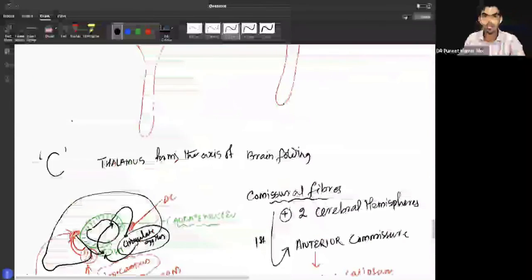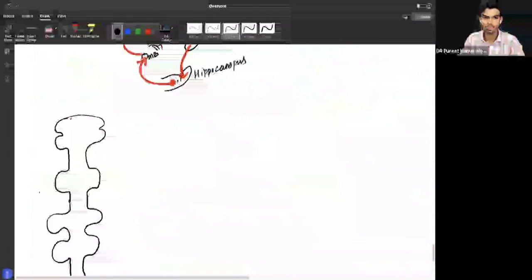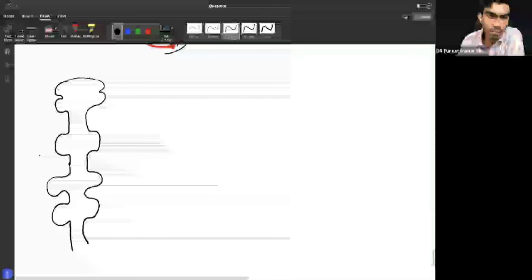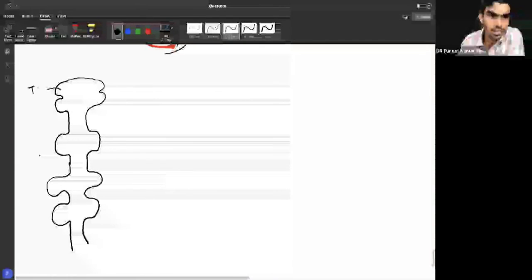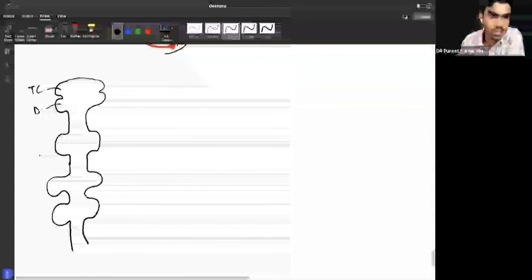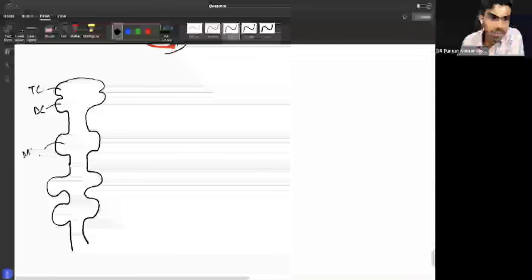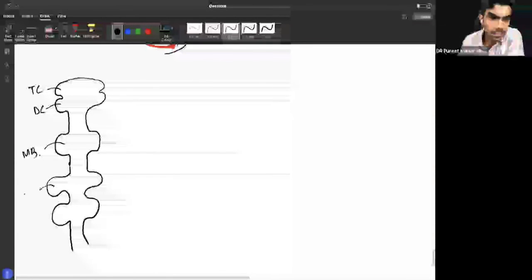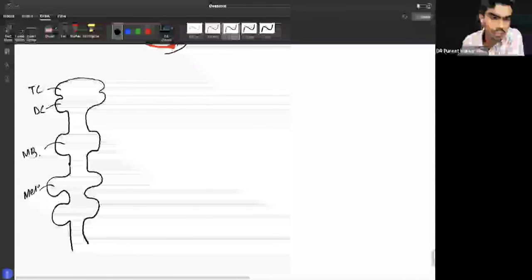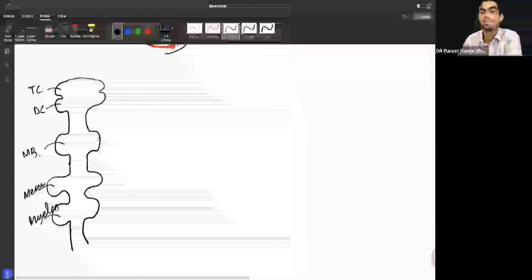So this uppermost swelling is the telencephalon, then comes the diencephalon, then the midbrain, then the metencephalon, and then the myelencephalon.